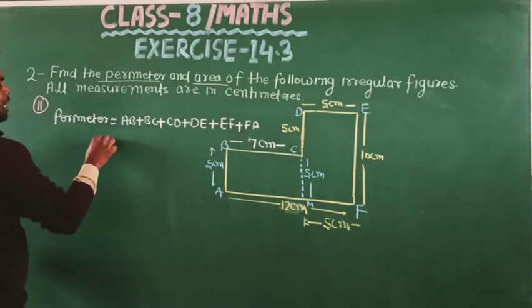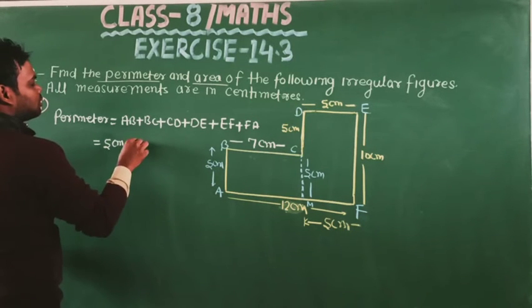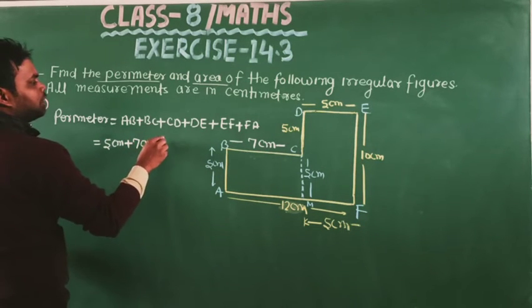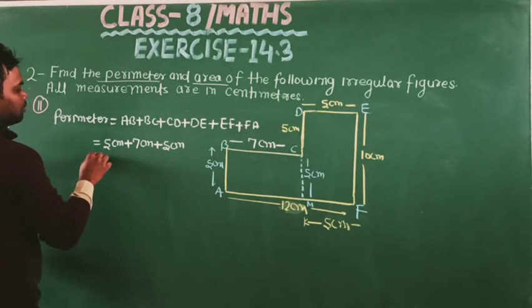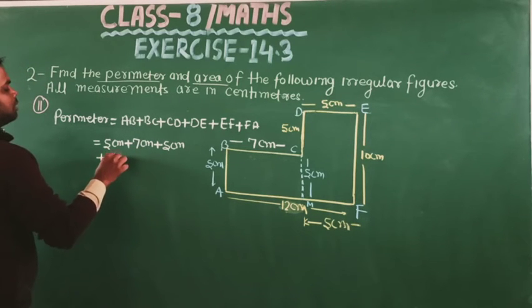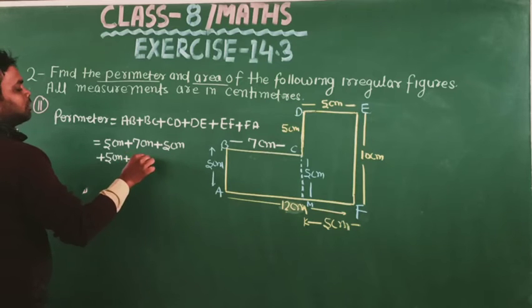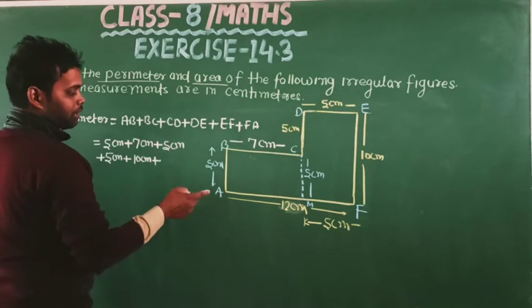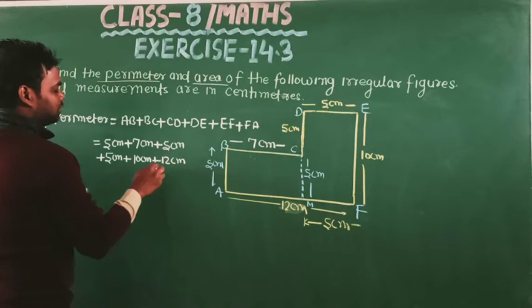So AB is 5 centimeter plus BC 7 centimeter, CD 5 centimeter plus DE 5 centimeter plus EF is 10 centimeter plus FA 10 centimeter.